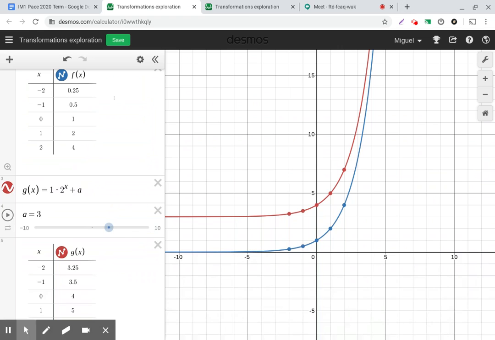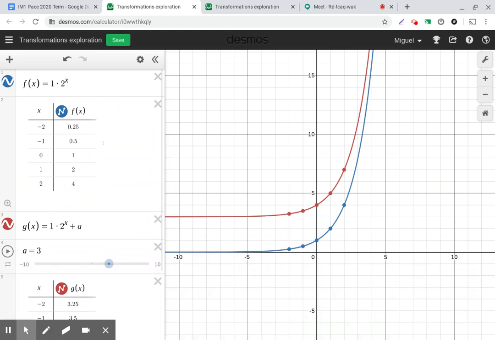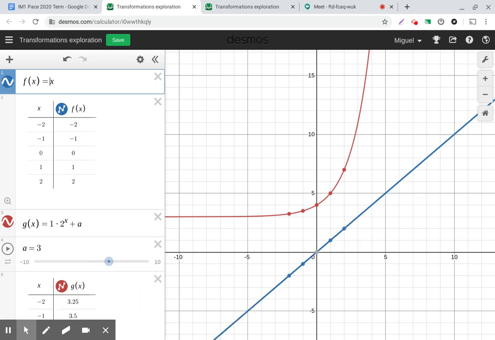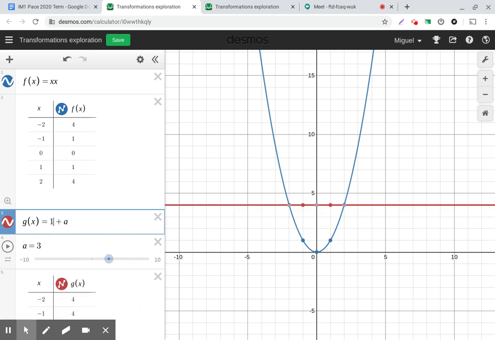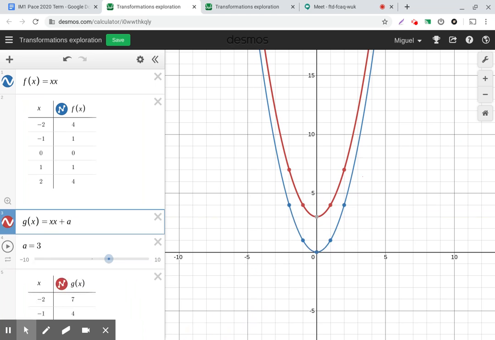So, you guys, that is called a vertical translation. Can you go back to the screen over here, and let's change this function to something that you'll see in IM2. Just erase and put x squared, and change the other one to x squared. So change the equations on the Desmos to x squared.